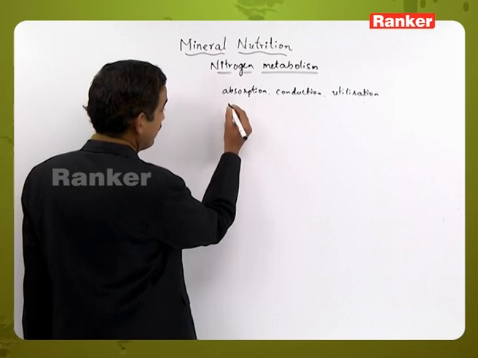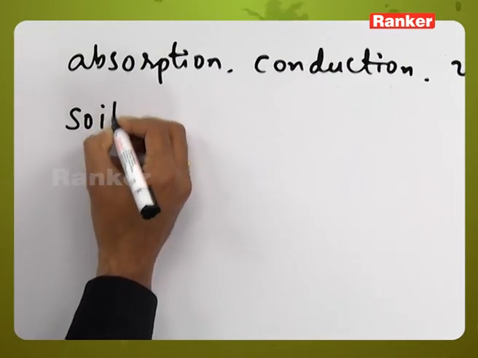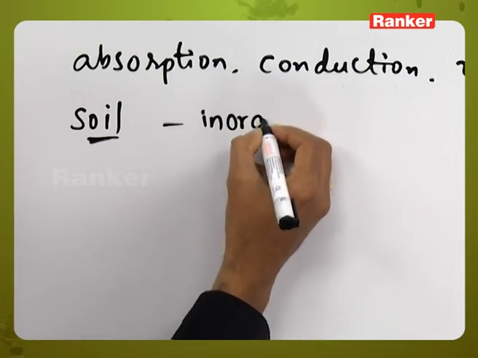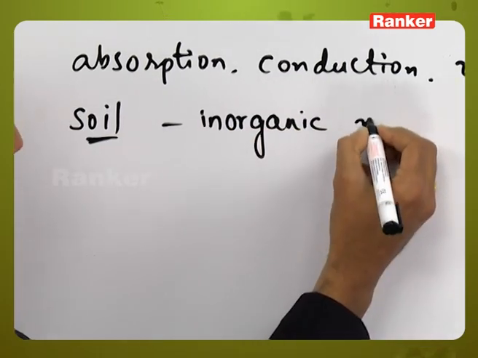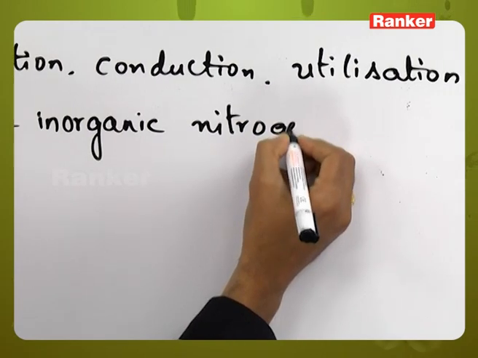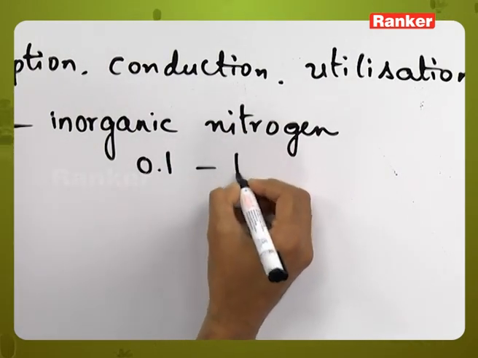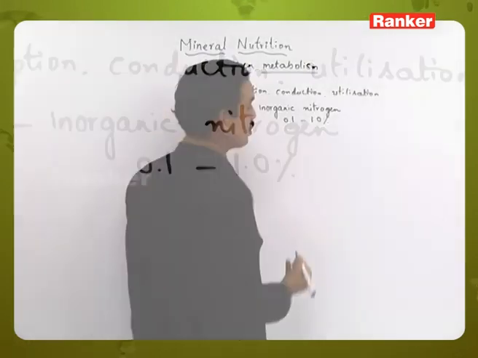And here the soil is a source of nitrogen in the inorganic form, which accounts for only 0.1 to 1% in the soil.